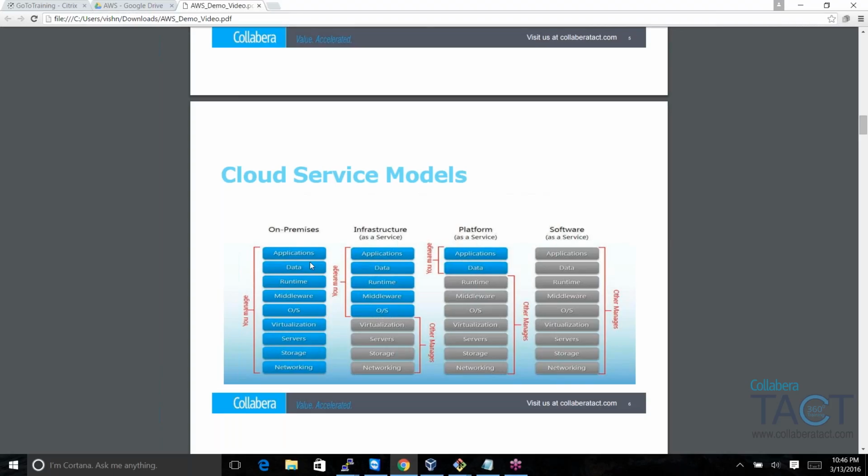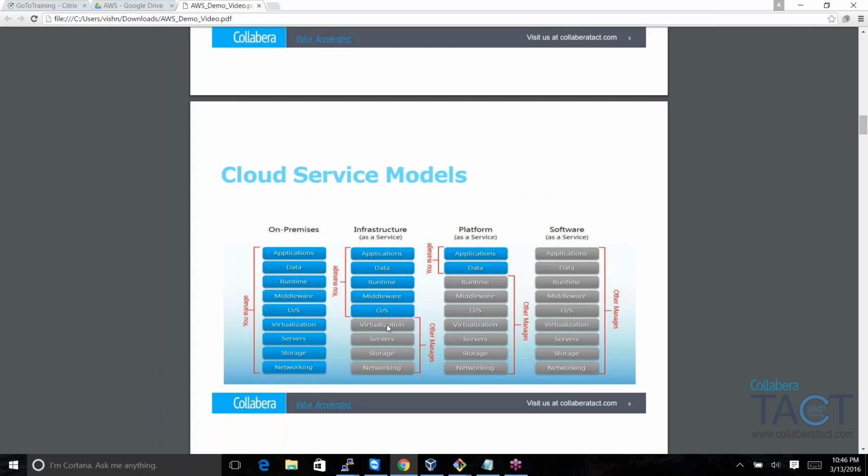All right, now let's move a bit forward, and in the slide we will look at our cloud service models. Everybody talks about software as a service, platform as a service, infrastructure as a service. These sound like fancy words, but they are not actually. They are simple terminology with respect to cloud computing.